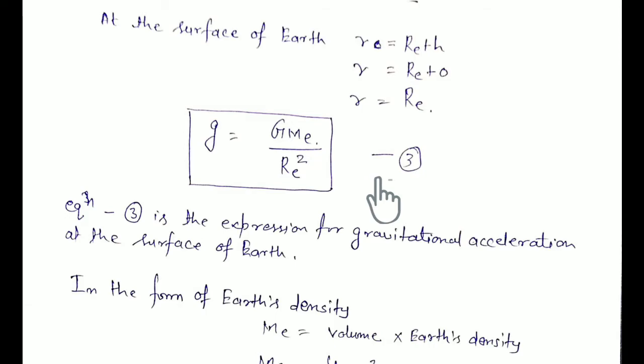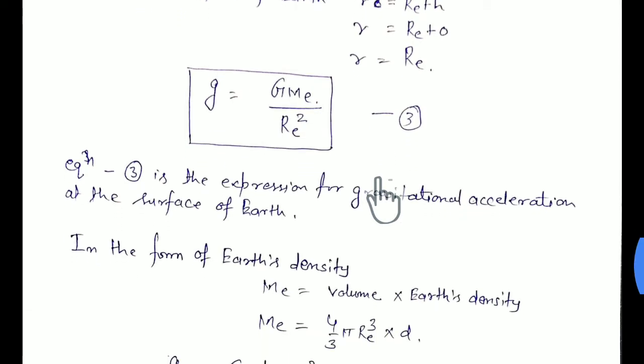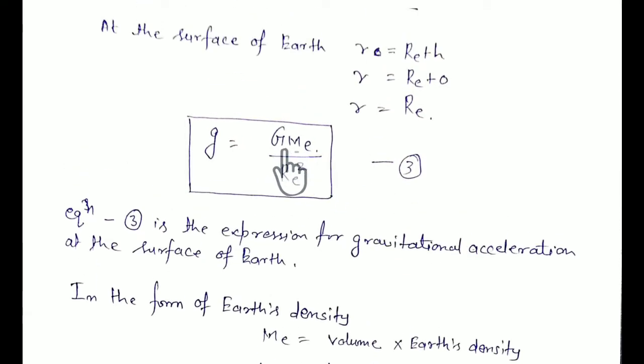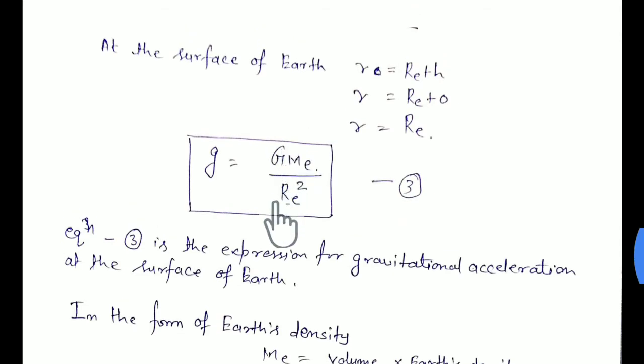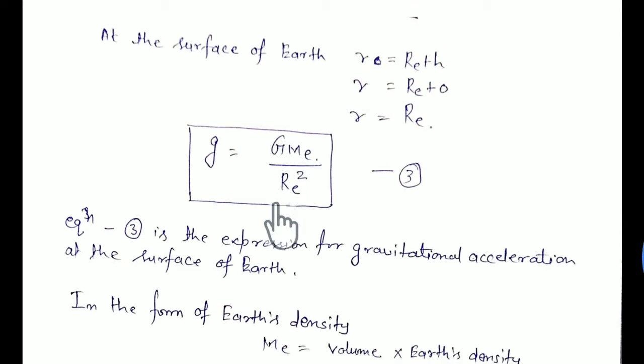So this is the expression for gravitational acceleration at the surface of earth, where capital G is the universal gravitational constant, which has the value of 6.67 into 10 raised to power minus 11 Newton meter square per kilogram square.